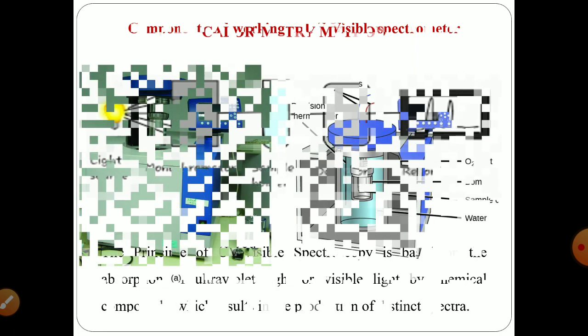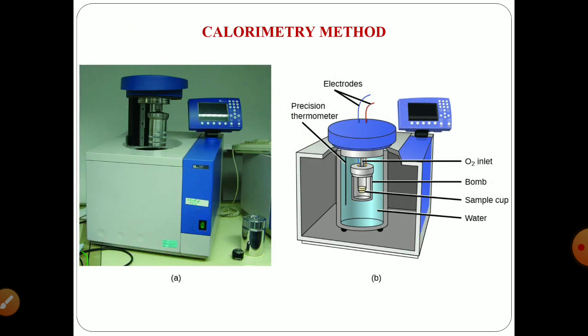The next method by which you can determine dissociation constant is the calorimetry method. In this calorimetry method, all these methods work by the same principle of measurement of heat evolved either as a physical process or a chemical process that is taking place in the sample. So, the precision thermometer is responsible to provide heat to the sample cup where you are allowing your sample to be in contact.